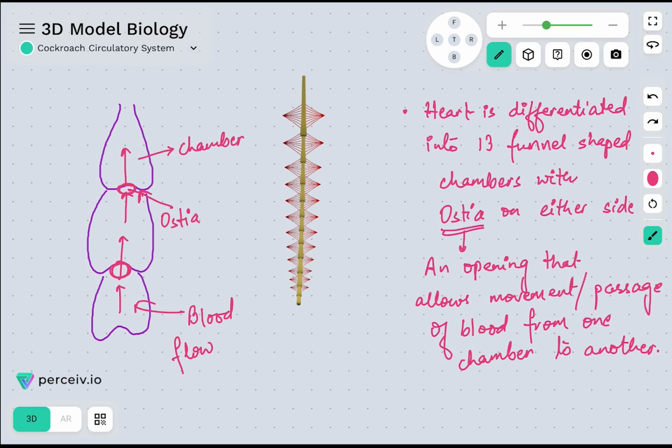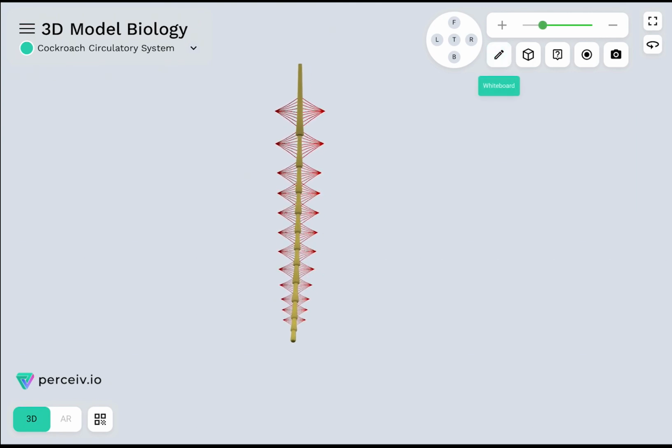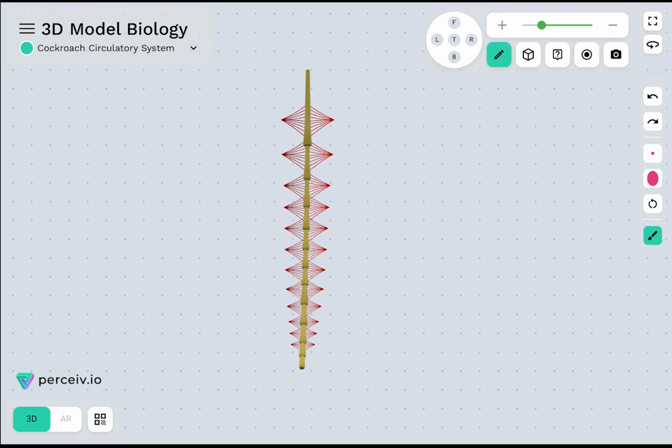Now one thing which is very important to note in the heart part is that you can see the chambers are aligned. If I label all the chambers, this is the first one, then second, third, fourth, fifth, sixth, seventh, eighth, ninth, 10, 11, 12, and this one is the 13th one.